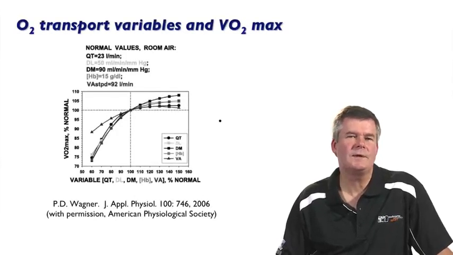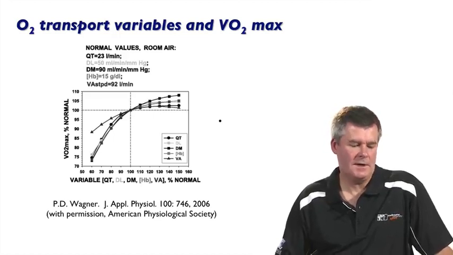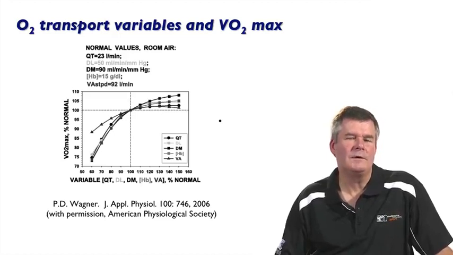It's important to understand that all of the variables involved in oxygen transport to contracting skeletal muscle, and indeed the ability of the muscle to consume that oxygen, all contribute to a maximal oxygen uptake. And as I said at the outset, also the ability to fully activate and recruit those skeletal muscles. Here's an overview of changes in VO2 max that could be predicted to occur with changes in various parameters.